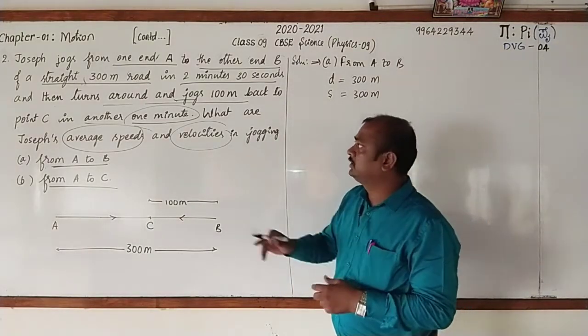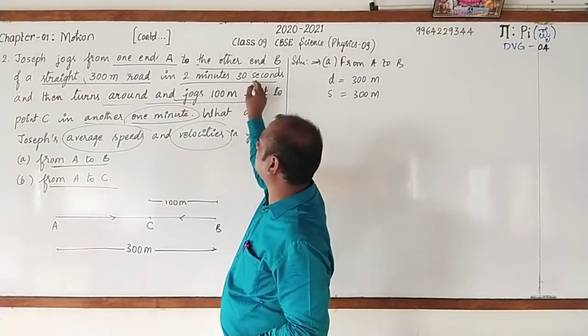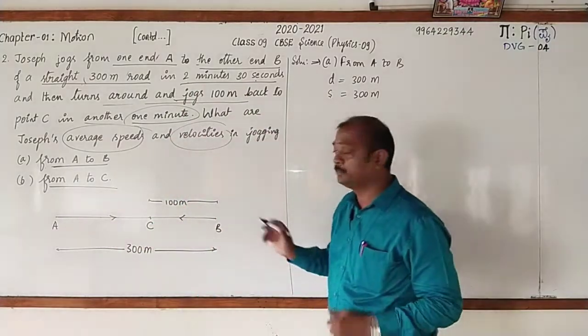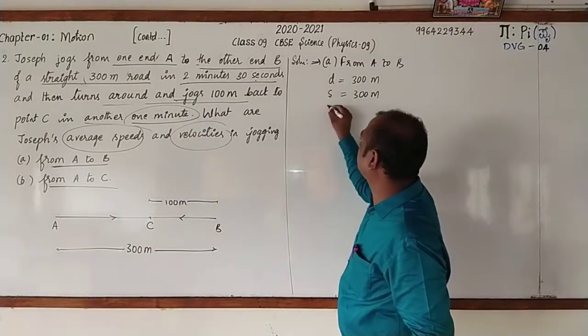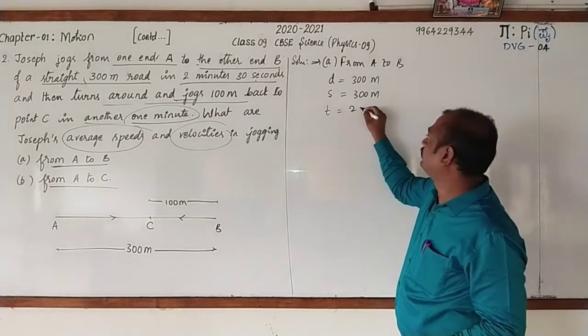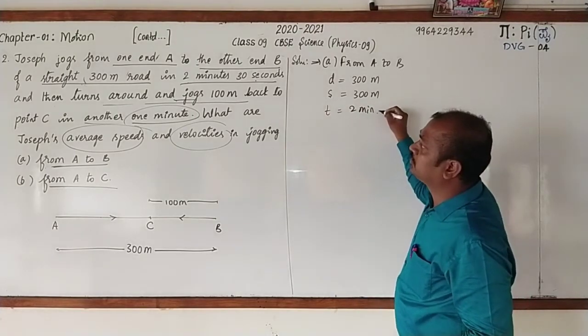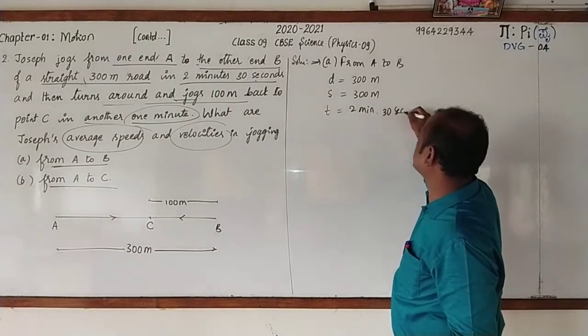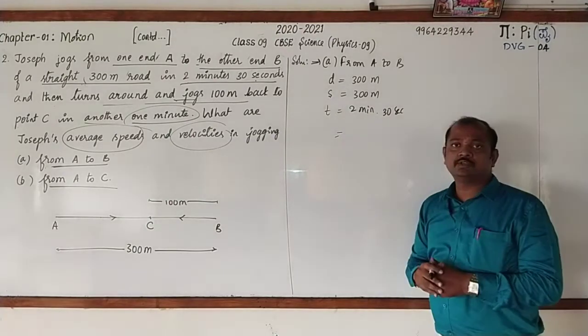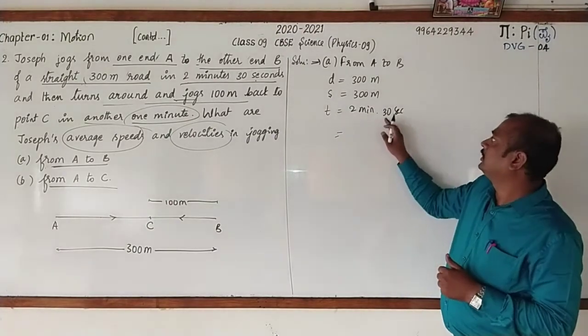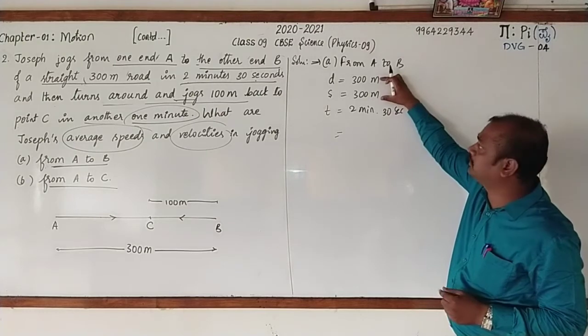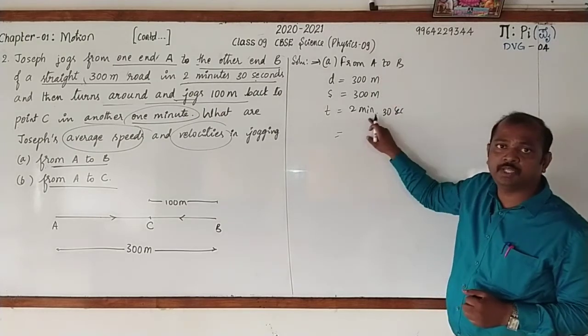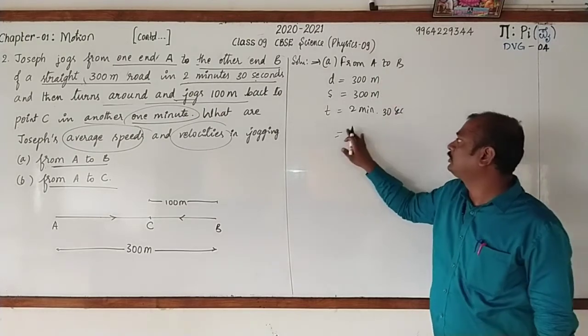And you also know that he has taken 2 minutes 30 seconds to move from A to B. Right. Time. How much? 2 minutes 30 seconds. Let us convert this into one standard unit. Here these distance and displacement are in meters, so time should be in seconds. 2 minutes.